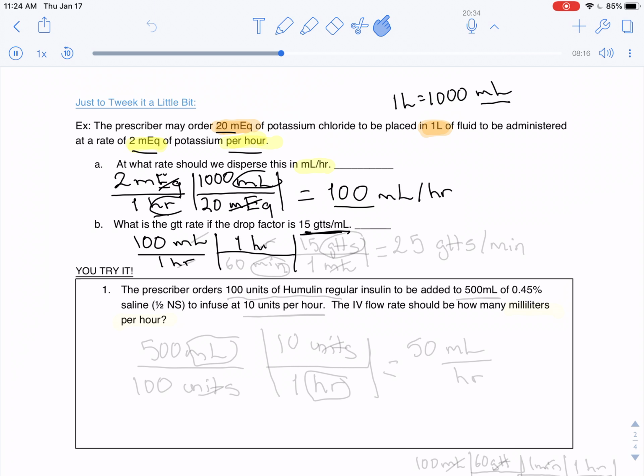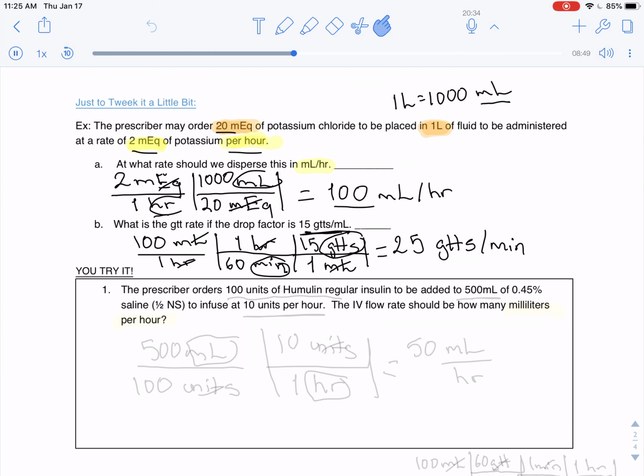In 1 hour there are 60 minutes. And in 1 milliliter there are 15 drops. So now hours can cancel, milliliters can cancel, and our final answer will consist of drops per minute. And our final answer will be 25 drops per minute.